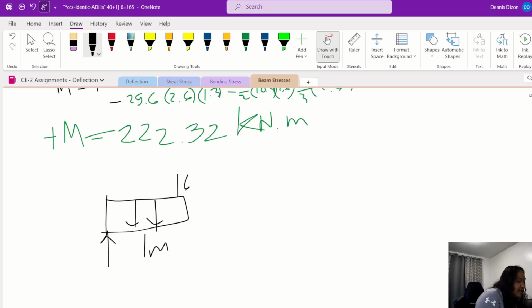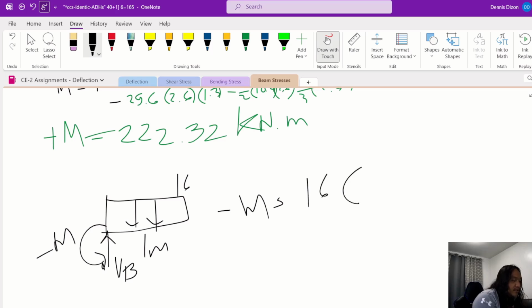This is not the reaction at B, but the shear at B. And then the moment, now this is negative moment. So therefore, negative moment is equal to 16 times 1 times 0.5, which is 8 kilonewton meter.